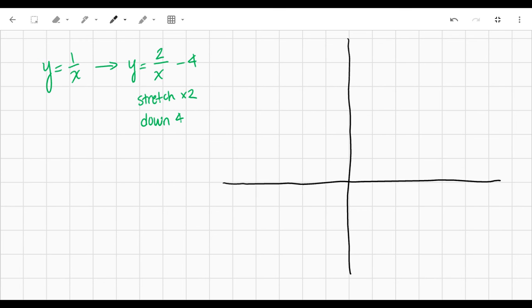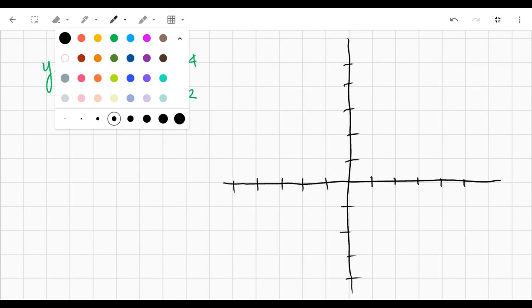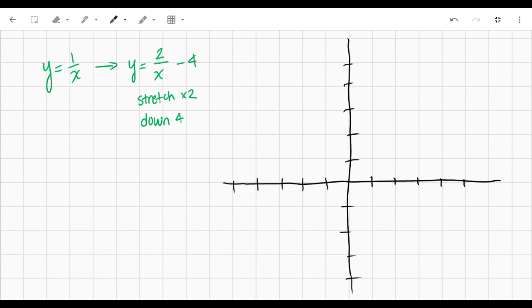Okay, so 1, 2, 3, 4, 5. 1, 2, 3, 4, 5. Negative 1, negative 2, negative 3, negative 4, negative 5, negative 1, negative 2, negative 3, negative 4. We'll squeeze that on. Okay, so we've got the point. Actually, just going to use gray with that background one. For y equals 1 over x, oh, that didn't work.